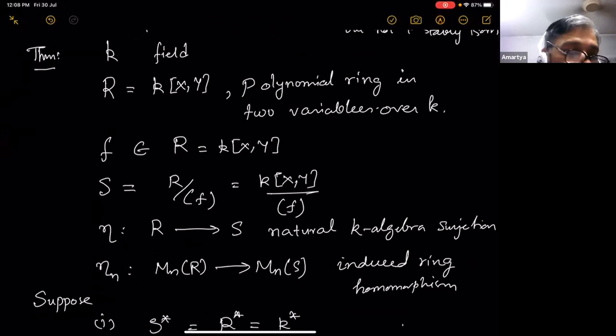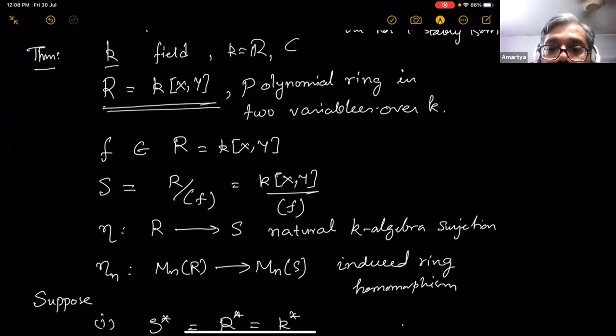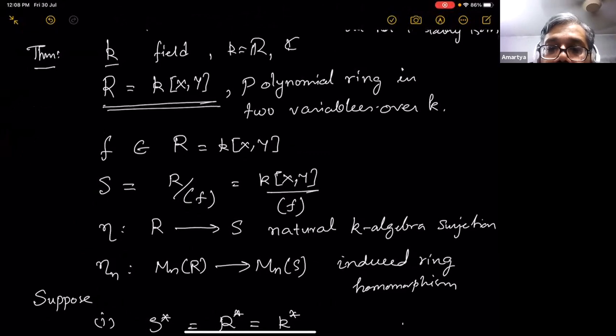So K is a field and R is a polynomial ring in two variables. So I will give examples where K equal to reals and complex numbers, and this you can apply to any field provided you get all these things.